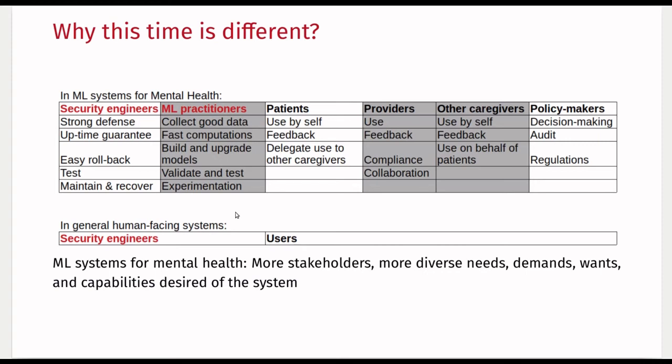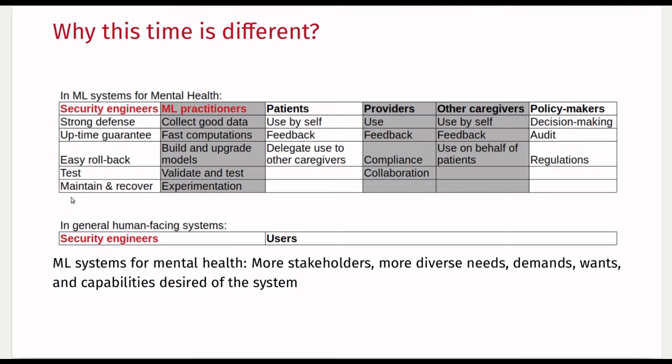But in ML systems for mental health, there are not just two stakeholders on each side. For example, on the builder's side, you will see ML practitioners popping into the picture. And guess what? What ML practitioners want to build into the system and want the system to do can be rather different from what security engineers want.